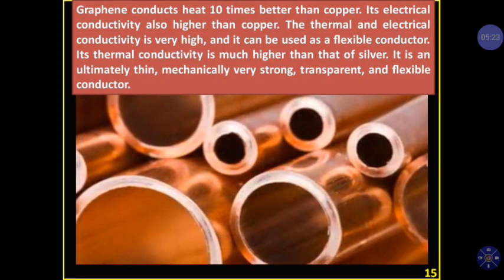Graphene conducts heat 10 times better than copper. Its electrical conductivity is higher than copper, so it can be used in electric works.